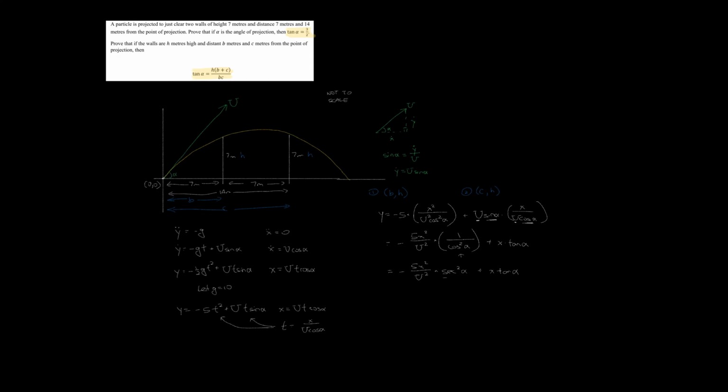But then there's an identity where sec squared alpha is equal to 1 plus tan squared alpha. So this equals negative 5x squared over u squared times 1 plus tan squared alpha, plus x tan alpha.